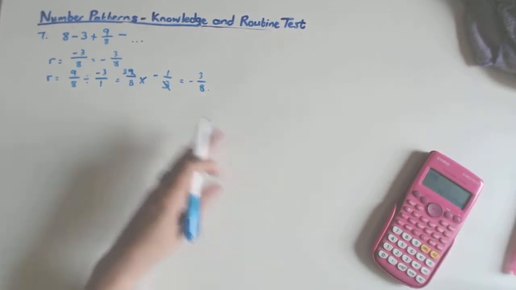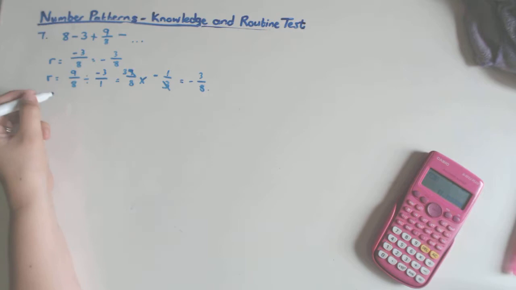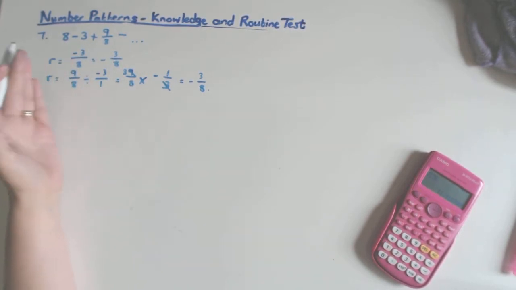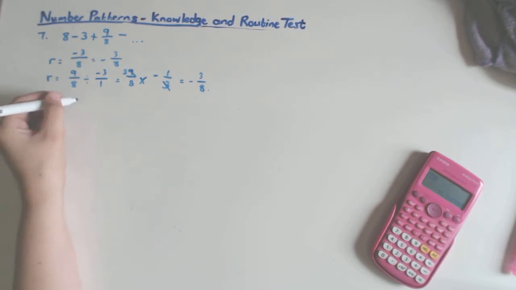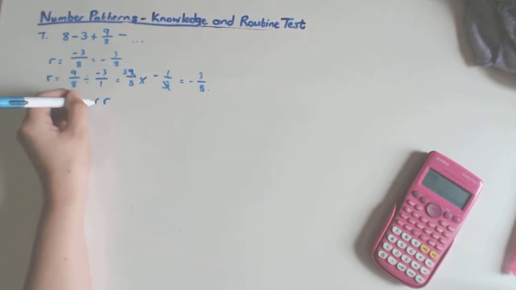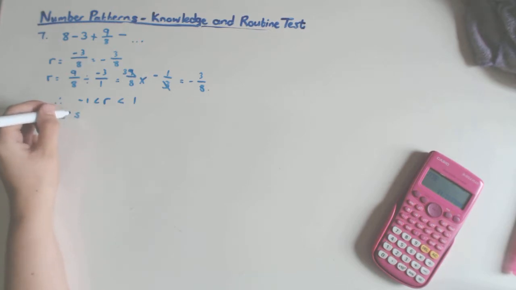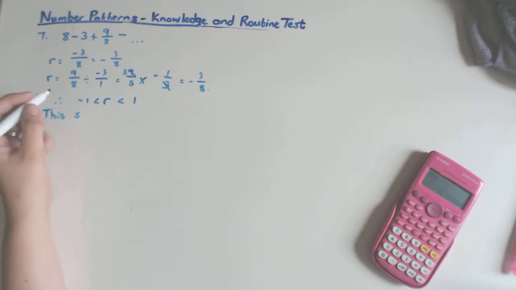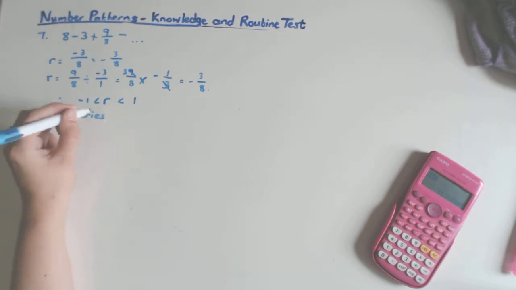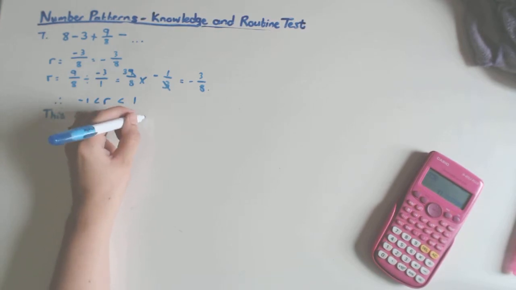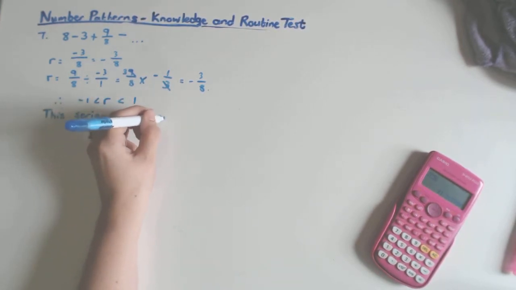So yes, definitely my r value is negative 3 over 8, and that lies between 0 and minus 1 actually, because it's negative. But that means that r lies between minus 1 and 1. So perfect. So that means that this series is convergent because the r is there.